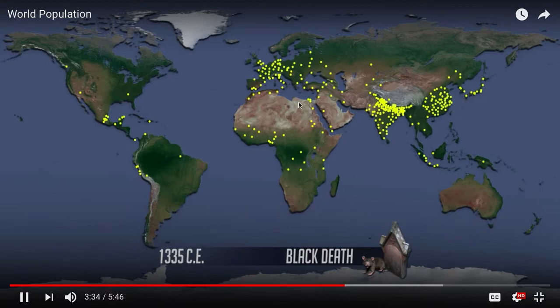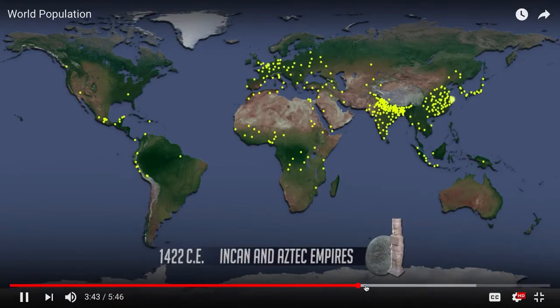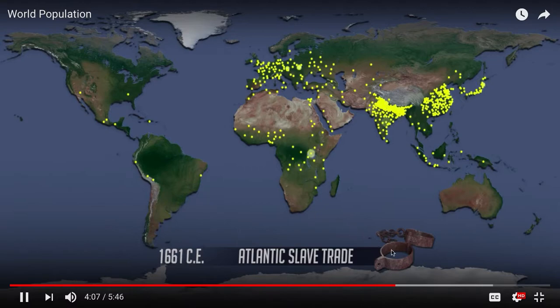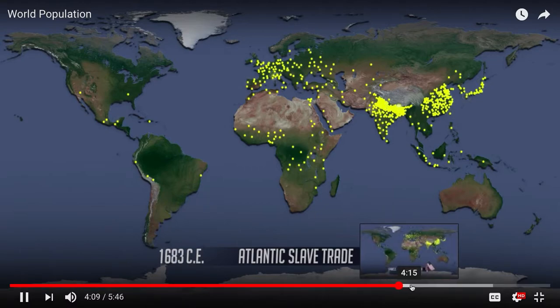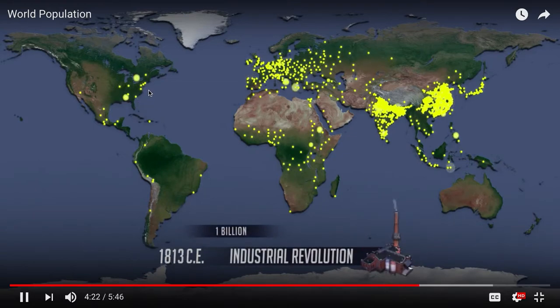Black Death, the Black Plague. Look what happens in Europe. Oh, where's everyone going? They're dying. That's what's going on. So we'll skip a couple hundred years now as well. The Atlantic slave trade. People are starting to populate the Americas a little bit more. Colonial America. So people starting to live in what's now the United States.